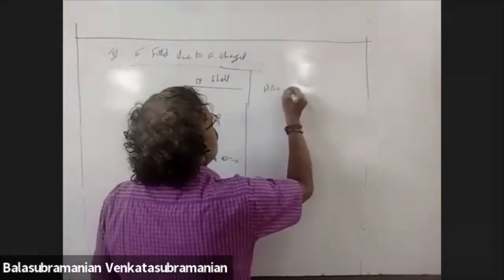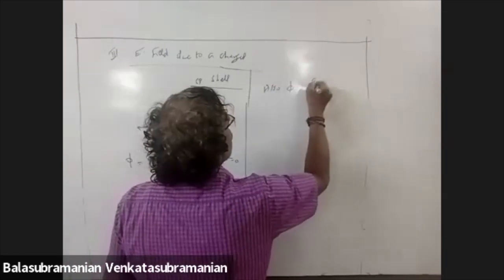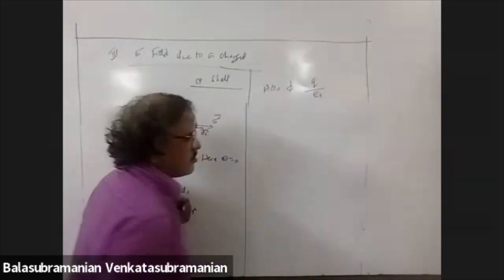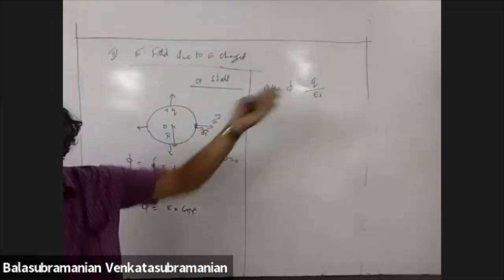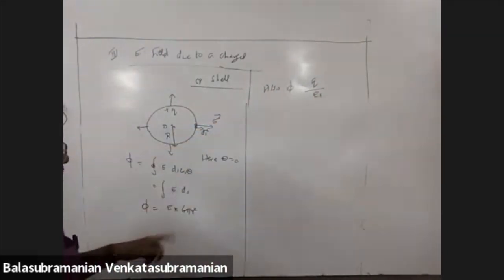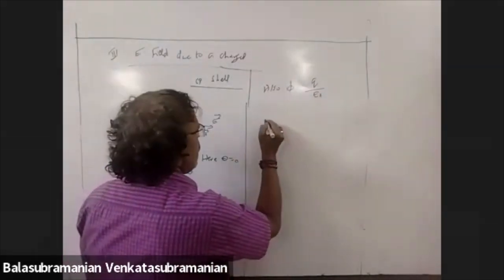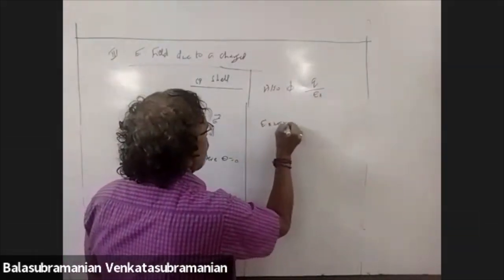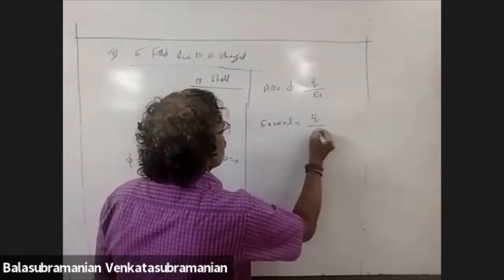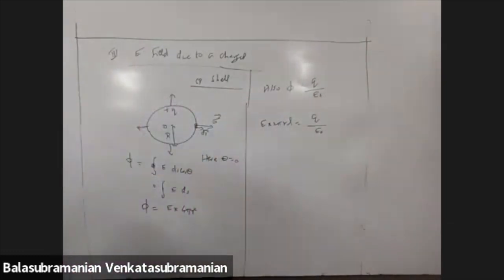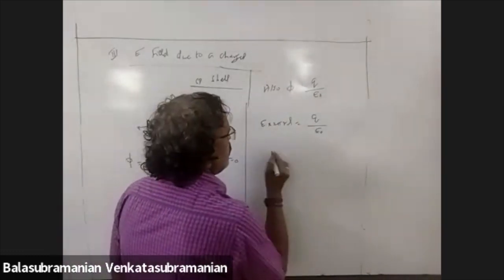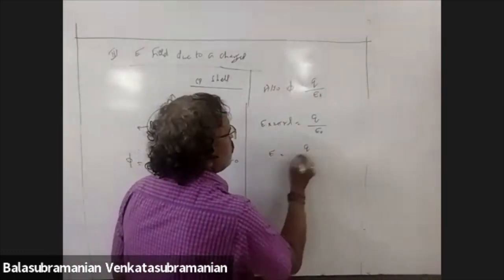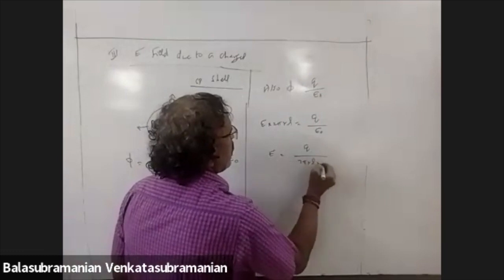Also, phi is equal to Q by epsilon naught, that is Gauss's law. Equate this: E into 4 pi r square is equal to Q by epsilon naught.